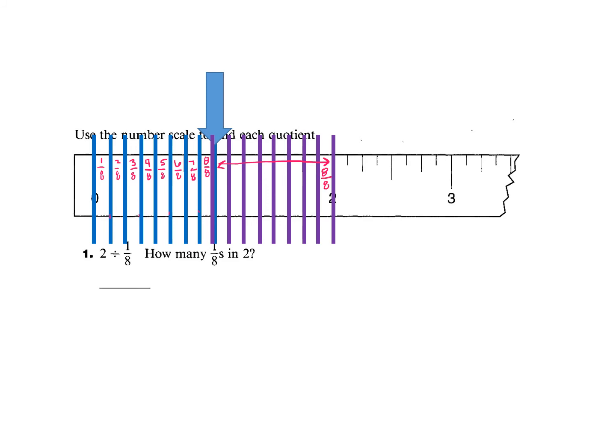So 8/8 plus 8/8 gives us 16/8. And if you reduce that, that would be 2. So there are 16/8 in 2.